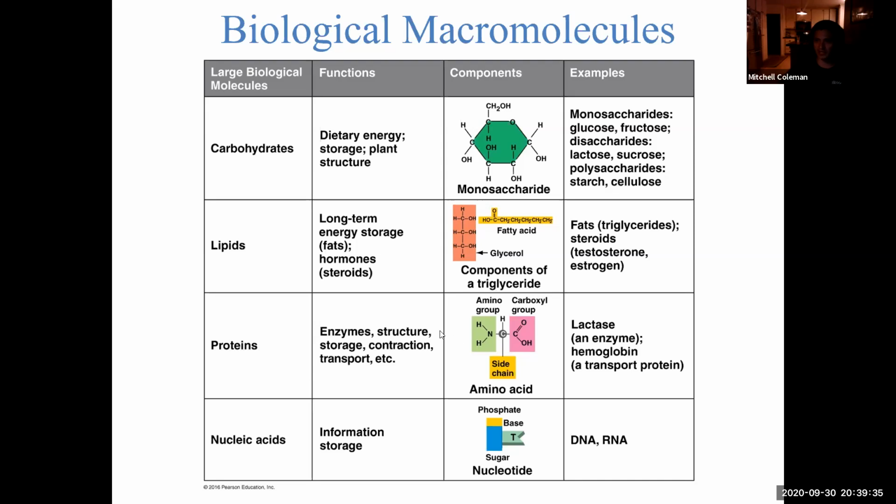There are a lot of different base building blocks to proteins. We talked about amino acids, the base component of proteins, a total of 20 different types. They can form long chains, much like monosaccharides forming polysaccharides in carbohydrates.